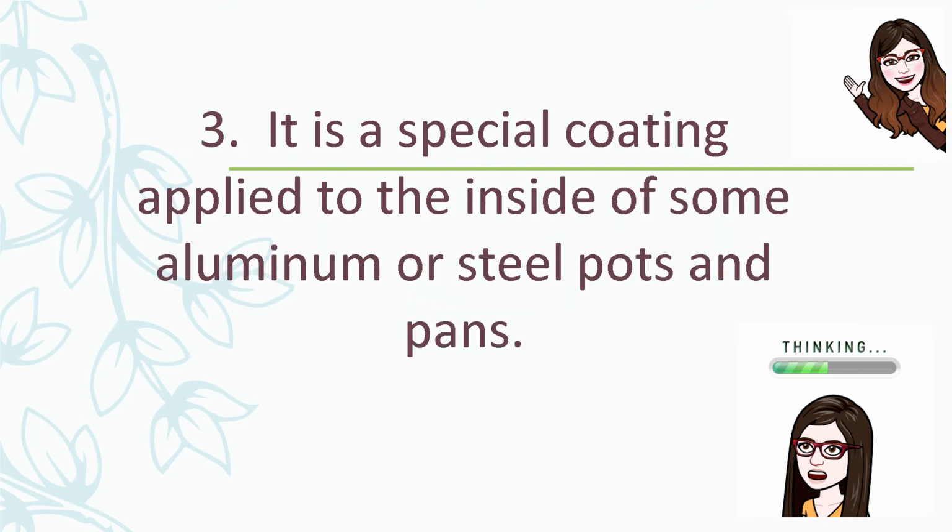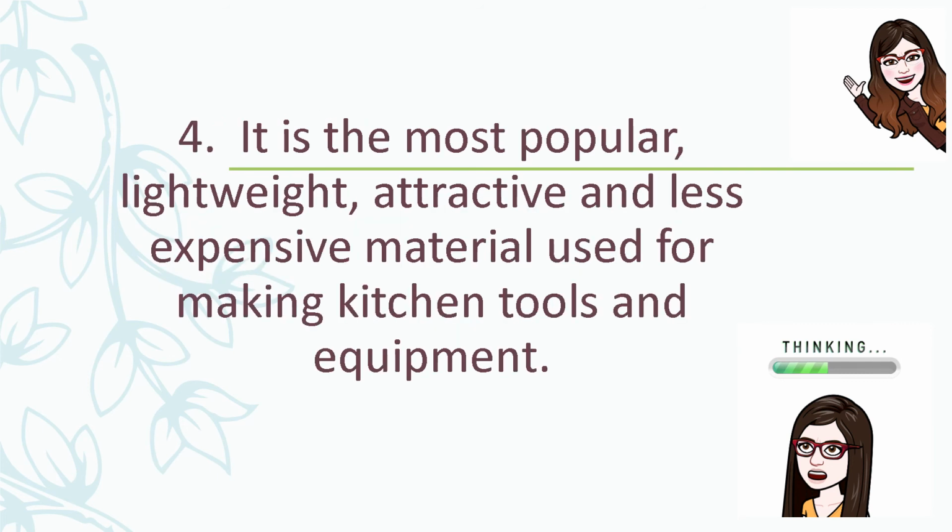Number 3, it is a special coating applied to the inside of some aluminum or steel pots and pans. Ang disadvantage naman ito, kapag nasugatan mo siya, pwedeng sumama yung coating na ito sa pagkain inyong niluluto. Number 4, it is the most popular, lightweight, attractive, and less expensive material used for making kitchen tools and equipment.